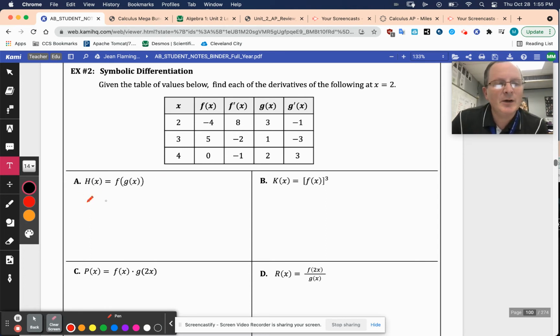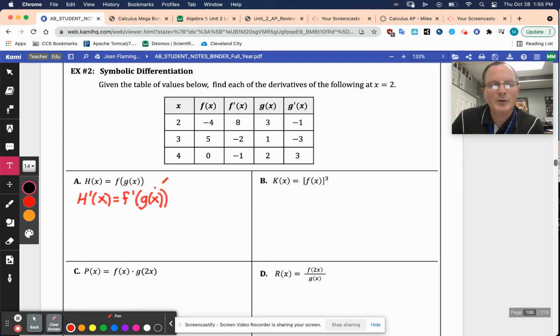So here's the deal. If h of x is equal to this composition, f of g of x, then h prime is going to equal f prime, copy, in terms of the inside function. So I just copy that all in there, and this will be g of 2 in just a second.